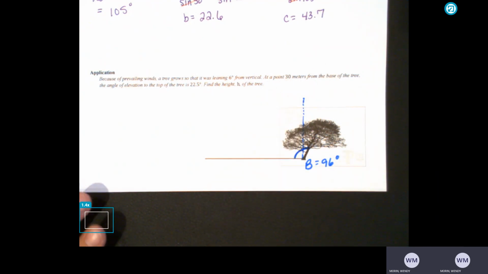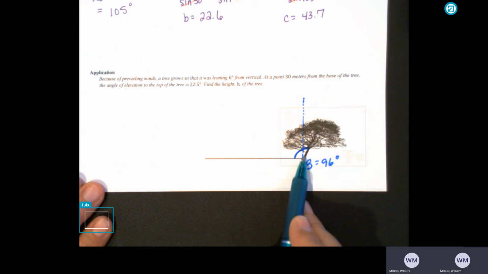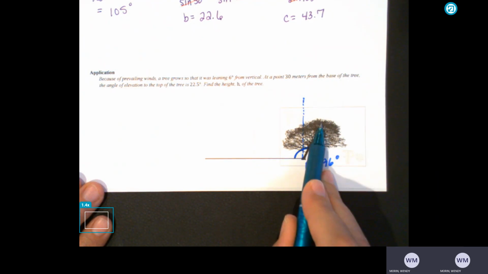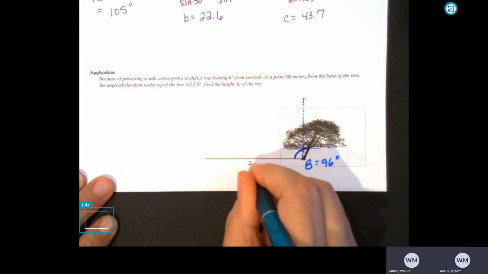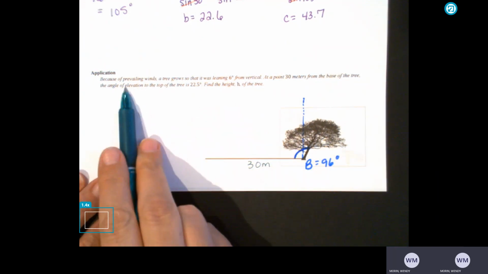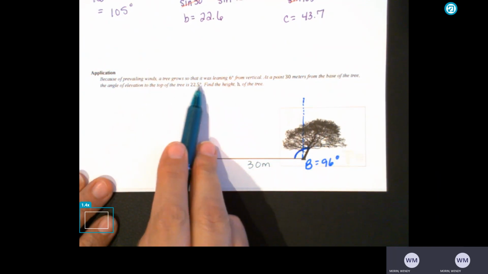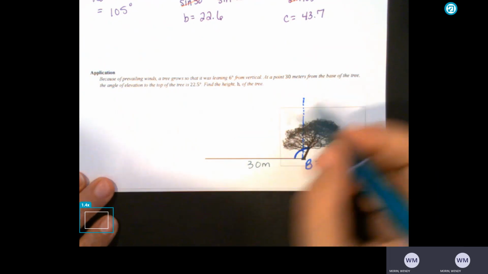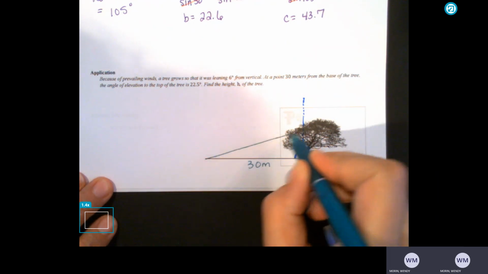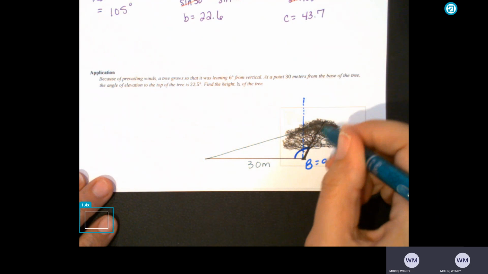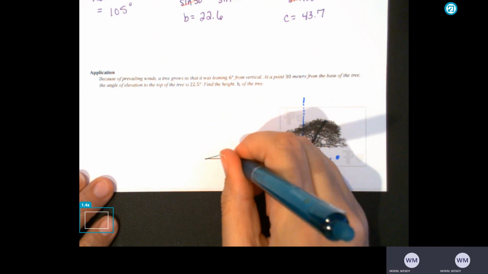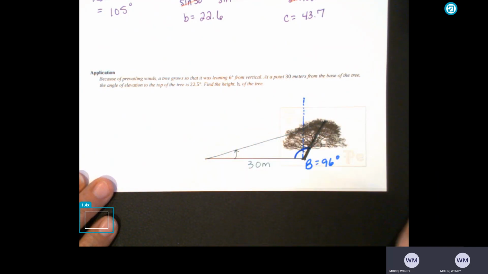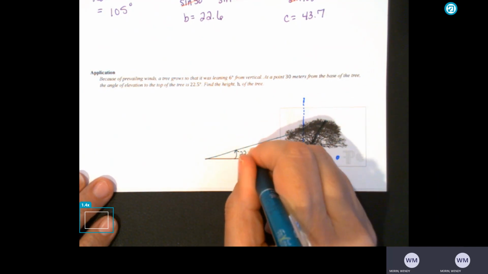At a point 30 meters from the base of the tree, not the top of the tree, but from the base of the tree, 30 meters away, the angle of elevation to the top of the tree, okay, so if we go to the top of the tree, the angle of elevation, again, remember what an angle of elevation is, 22.5 degrees.